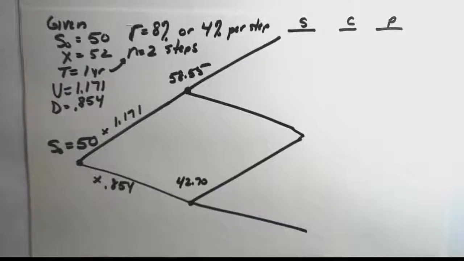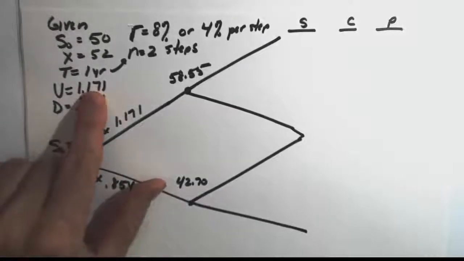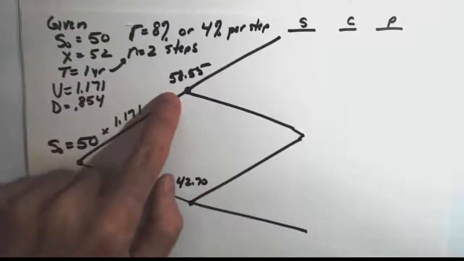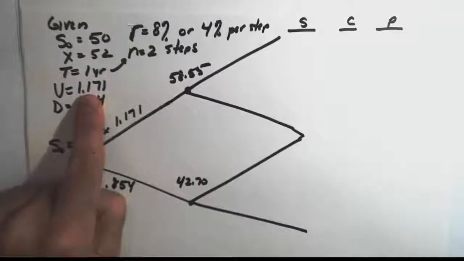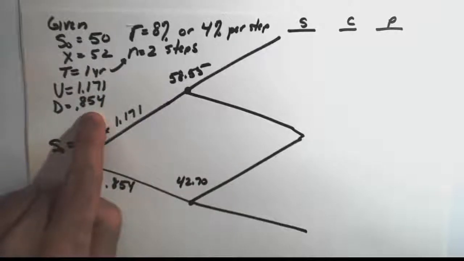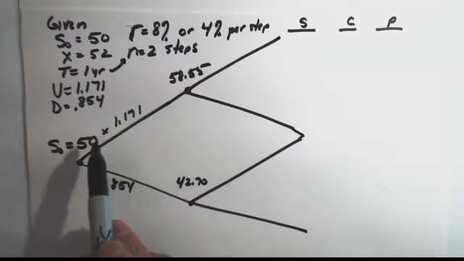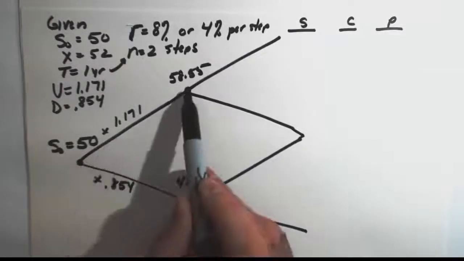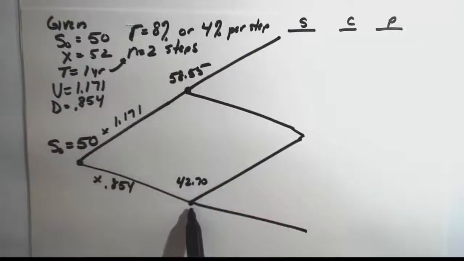Now at this point, do not worry about where I got the 1.171 from. What you should keep in mind is that's just the up movement, and if you take the reciprocal, 1 over 1.171, you'll get 0.854. So you're sitting here at time 0, and the stock can go up or it can go down.